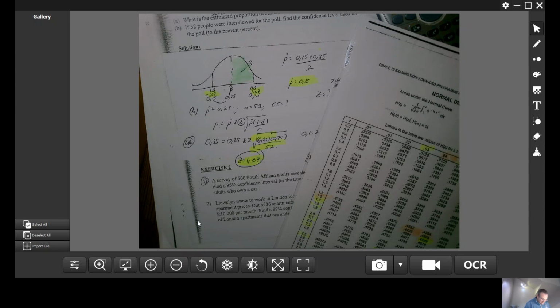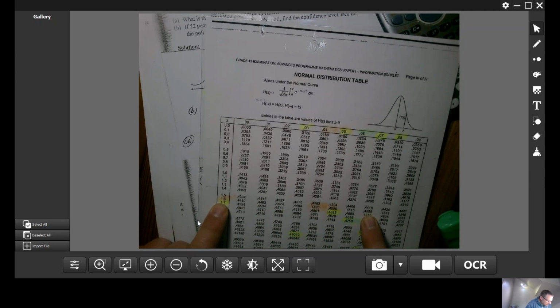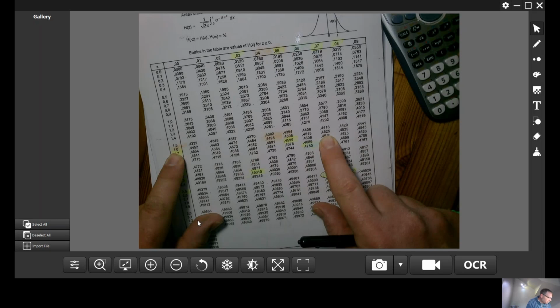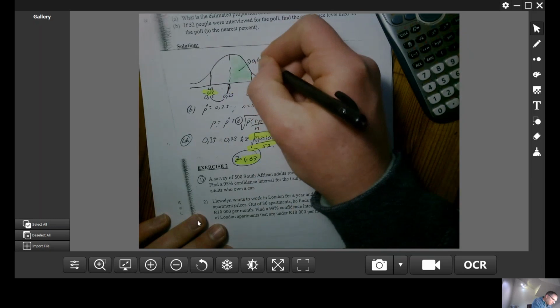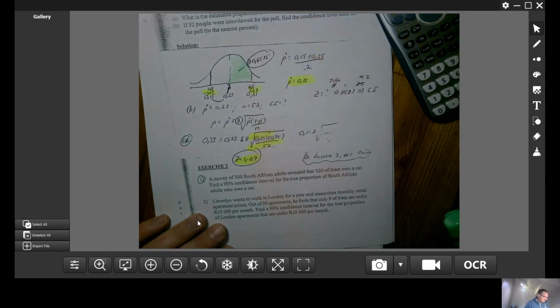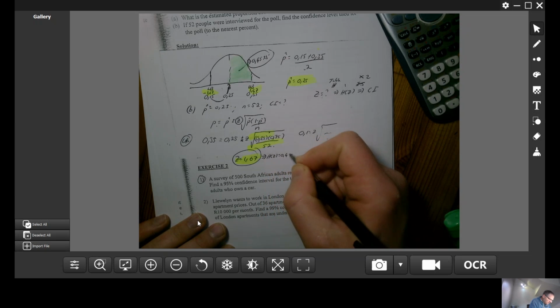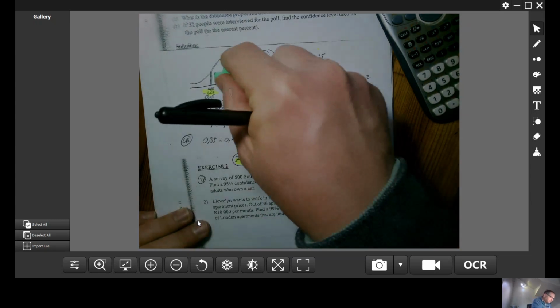A Z score of 1.67. Here's 1.67, which gives 0.4525. So this area here is 0.4525. H of Z is 0.4525, which implies your confidence interval is that times 2 to get the whole confidence interval.